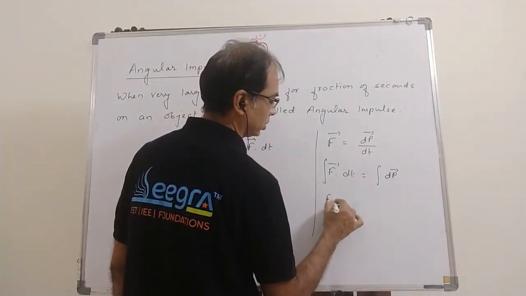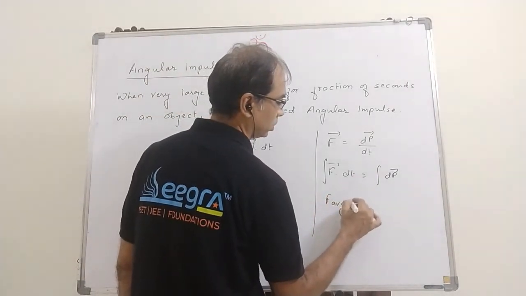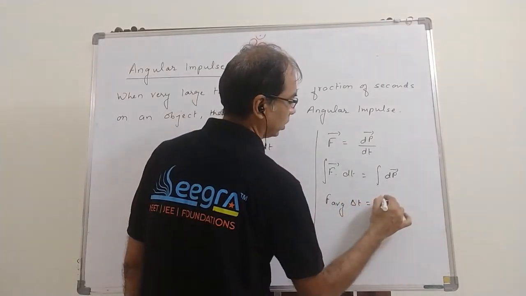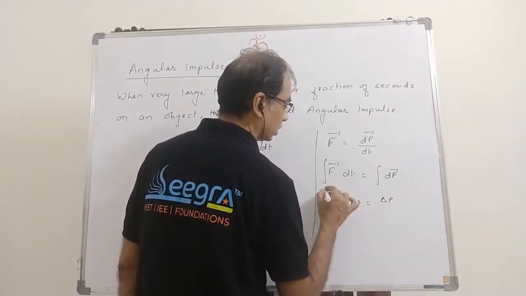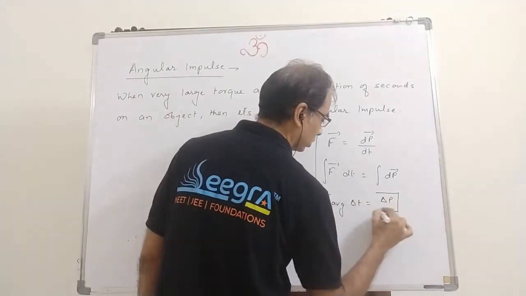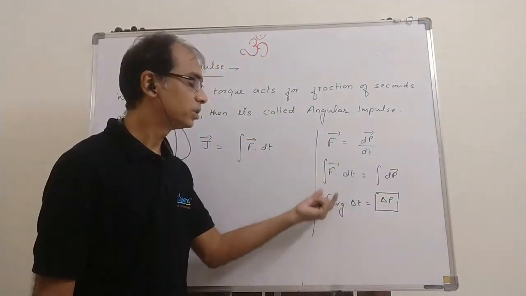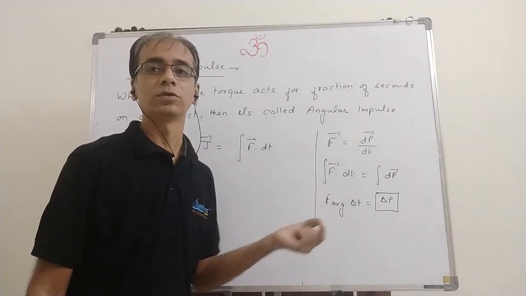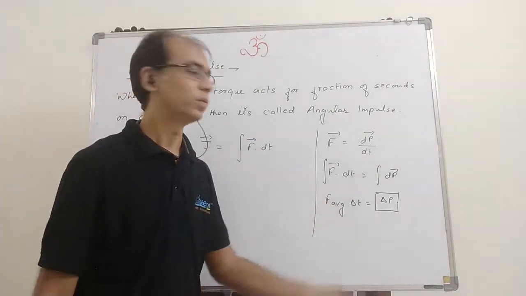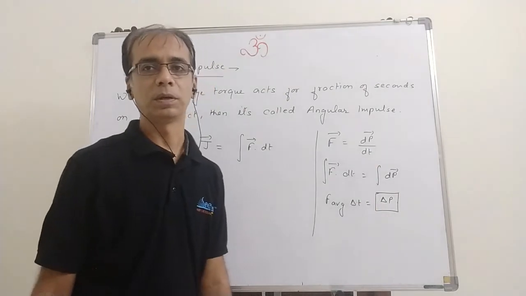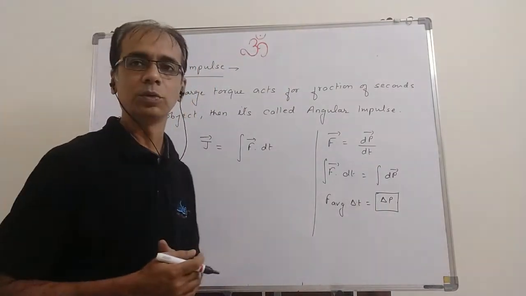So F average into delta t was equal to what? Delta p. So the value of impulse we used to calculate with change in momentum, because this we can see. But measuring this force, how much force is acting, was difficult. So we used to calculate with change in momentum. Exactly same thing we are going to do over here.